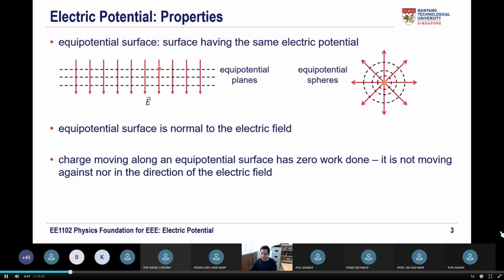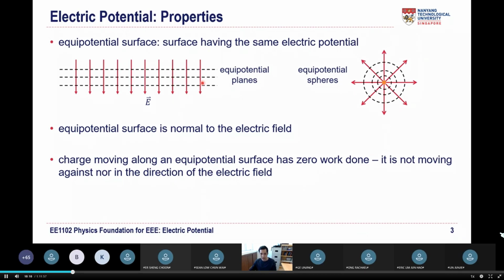Then in that case, you can draw this dashed line plane. This is going to be a plane along which your electric potential is all equal, and that's called the equipotential plane. So that surface is going to be an equipotential surface, this is going to be also an equipotential surface, and that one also is going to be an equipotential surface.